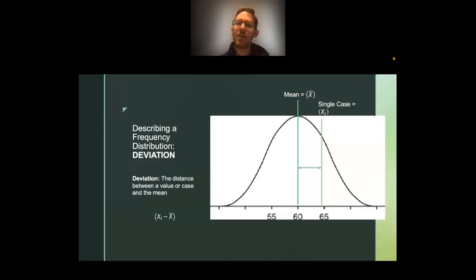These graphs might help you make sense of what we talked about before with the mean as reducing variation and having the least amount of deviation. So if you want to go back to that, you can use this graph. But this is what a deviation is: it shows the difference between a single case and the mean.